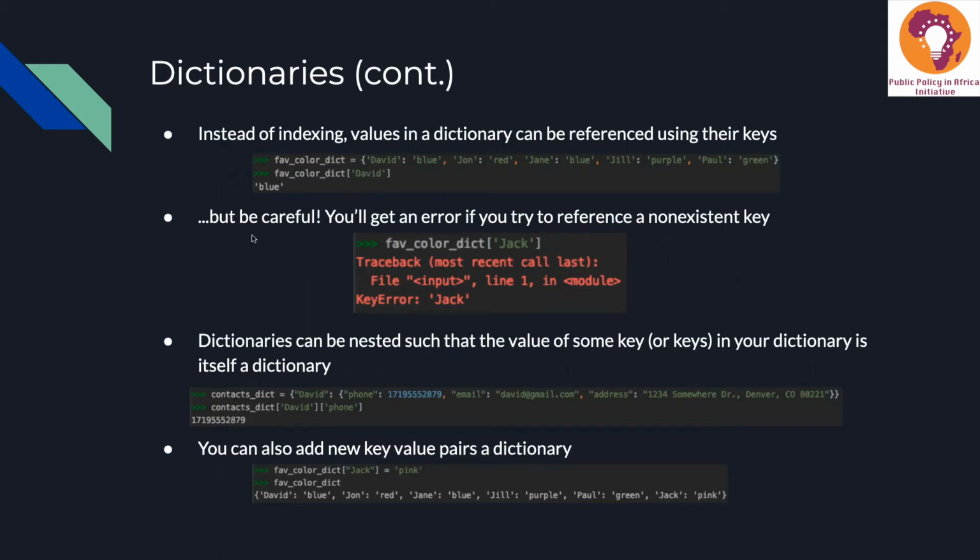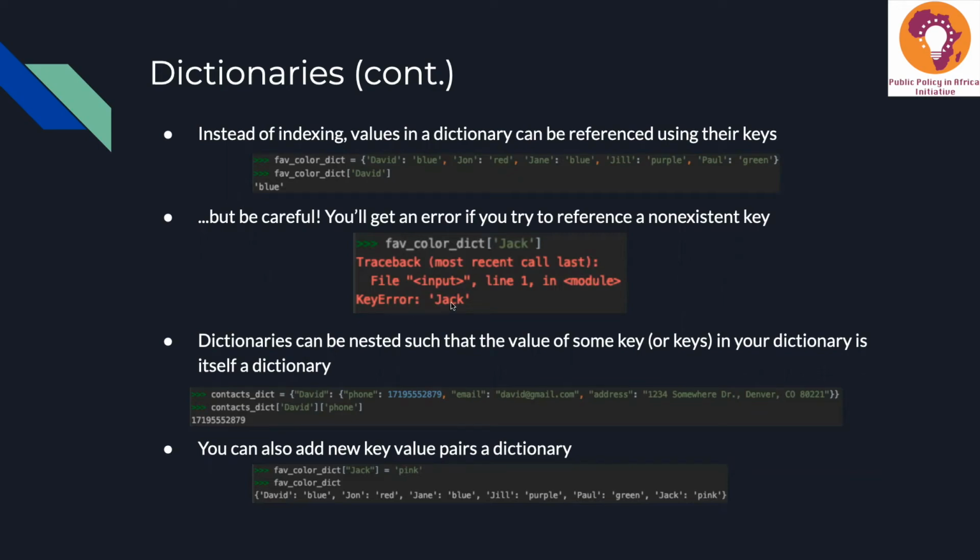But a warning here: you want to be careful with using this method of referencing keys, because you'll get an error if you try to reference a non-existent key. So you'll notice that there's no key in here that has the value Jack. If I try to find out Jack's favorite color using my fave color dict, using this bracket notation, we're going to get a key error here, and this is what the traceback looks like, and it'll just say key error Jack.